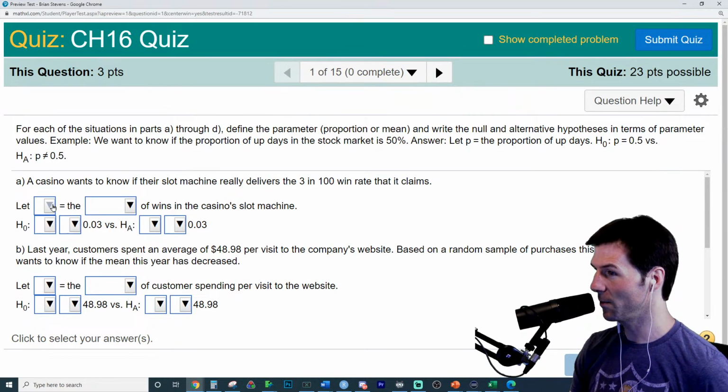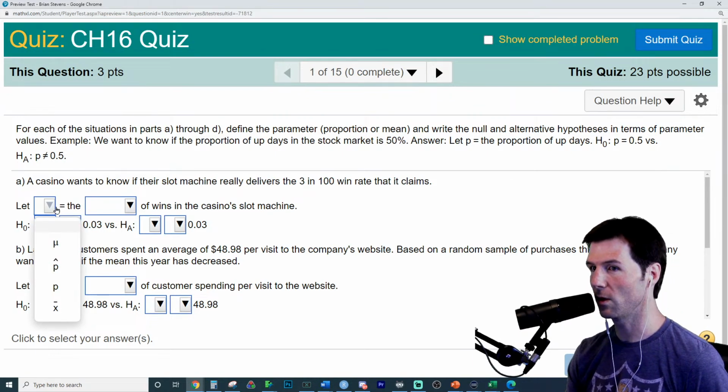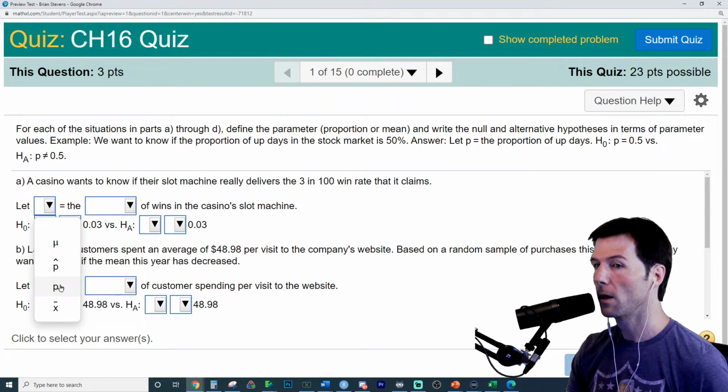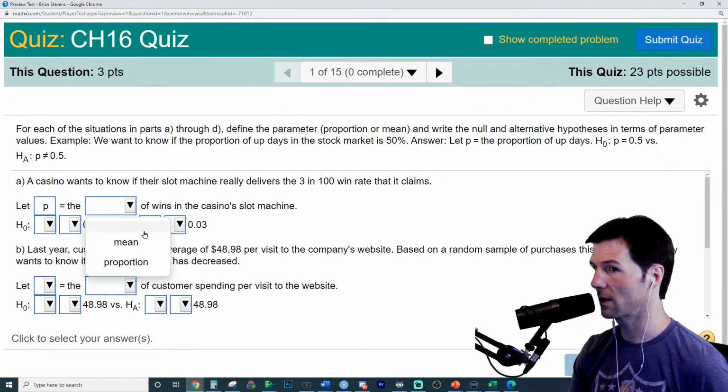Since we're asking does it pay out, it's categorical. Great job, Elizabeth. Now, we want to know the truth. That's the summary proportion or the sample proportion. That's the true proportion. That's the sample mean, that's for quantitative, and that's the true mean if we were doing quantitative data. We're doing categorical and we want to know the true proportion of times the machine pays out.